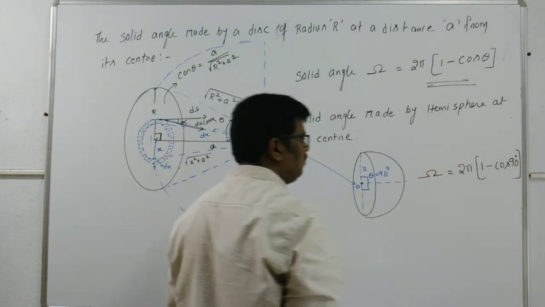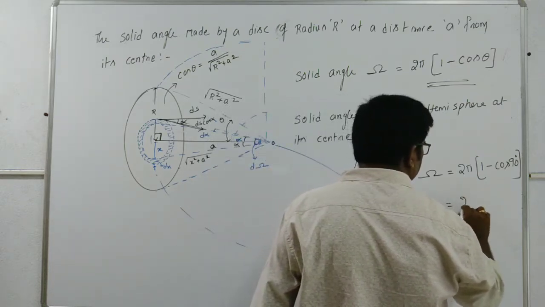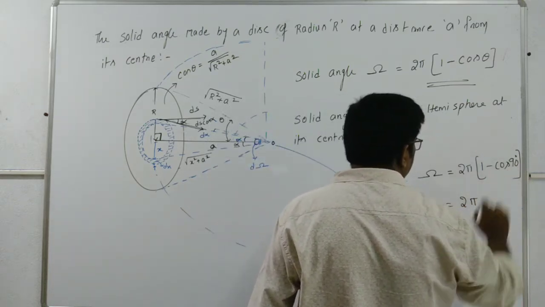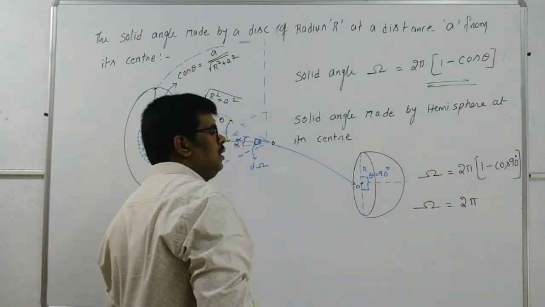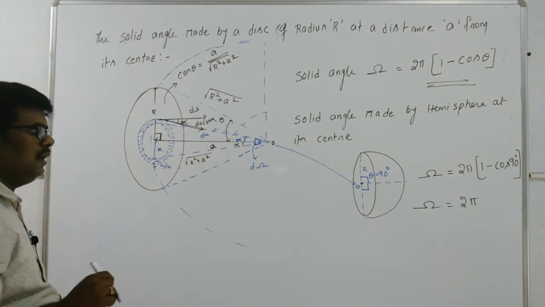Cos 90 is 0, so the solid angle made by the hemisphere is 2 pi radians.